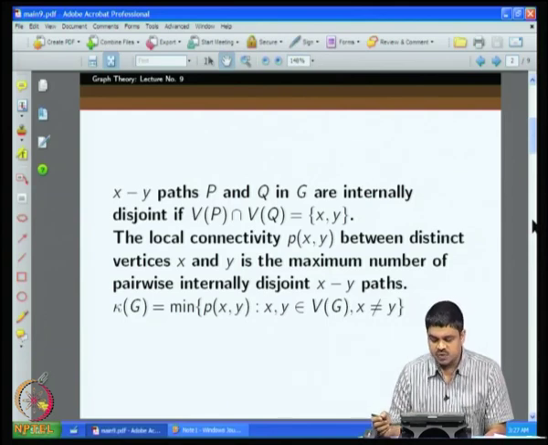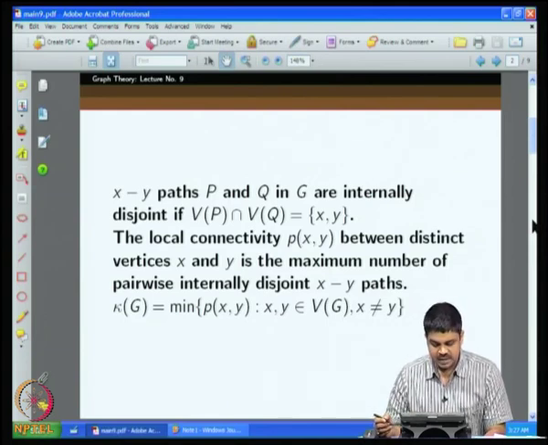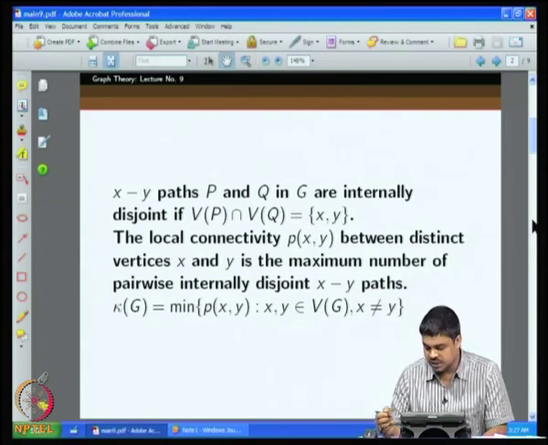Consider two vertices x and y. Two xy paths p and q in G are internally disjoint if they share only the end vertices.